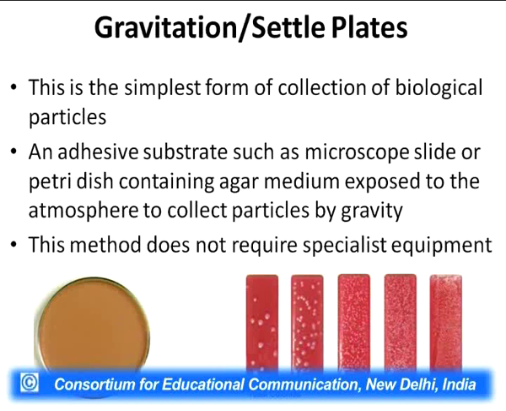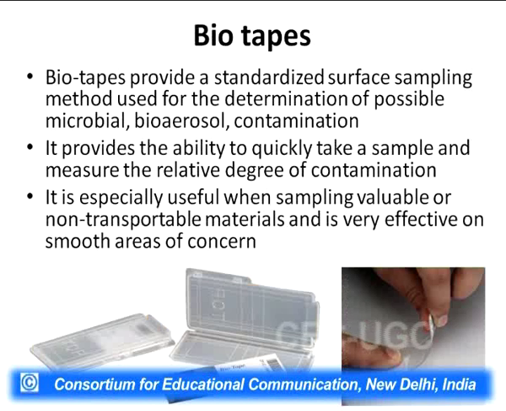In these techniques we cannot get much information about the volumetric concentration. In the bottom right side pictures there is a growth of colonies, and we can see an increase of colonies from 100 to around 1 million in due course of time.